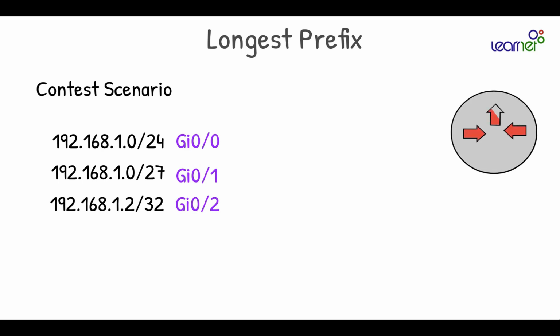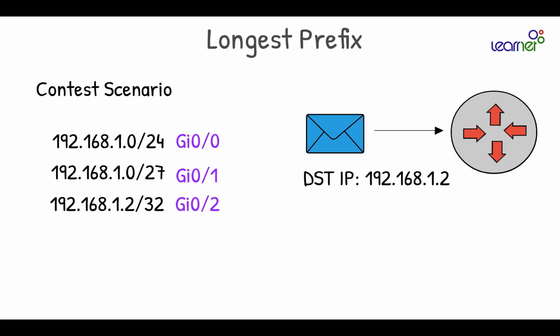Now imagine a packet arrives at the router with a destination IP address of 192.168.1.2. The router checks its routing table to determine the best route.